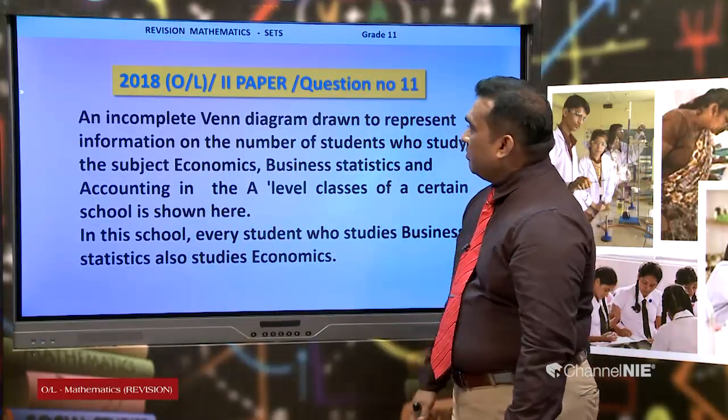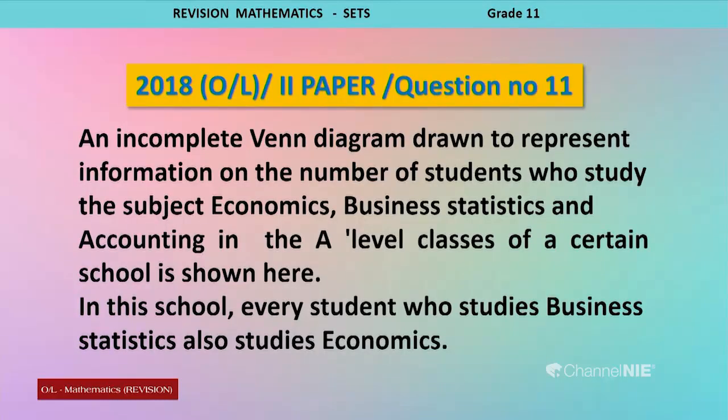2018. An incomplete Venn diagram drawn to represent information on the number of students who study the subject economics, business statistics and accounting. 3 sets. Okay.